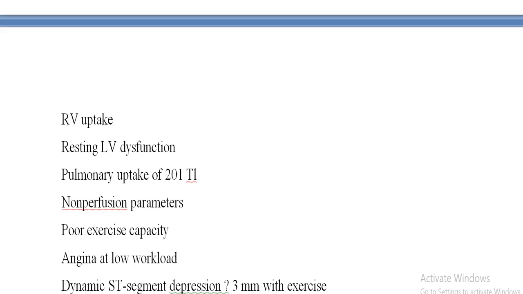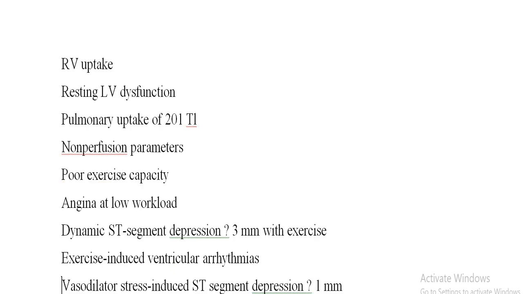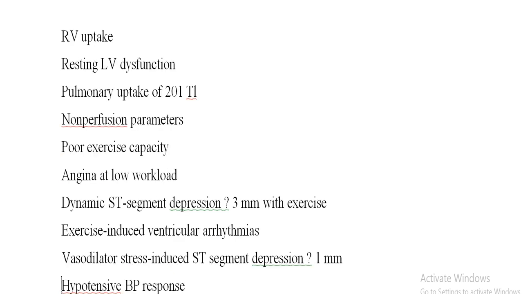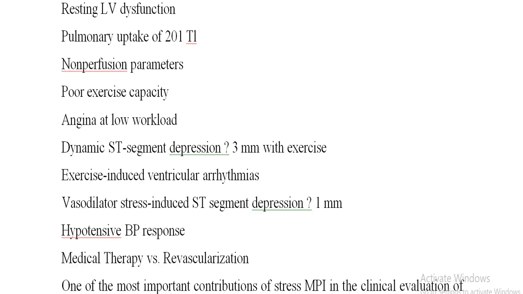Non-perfusion parameters: poor exercise capacity, angina at low workload, dynamic ST segment depression of 3 mm with exercise, exercise-induced ventricular arrhythmias, vasodilator stress-induced ST segment depression of 1 mm, hypotensive BP response.